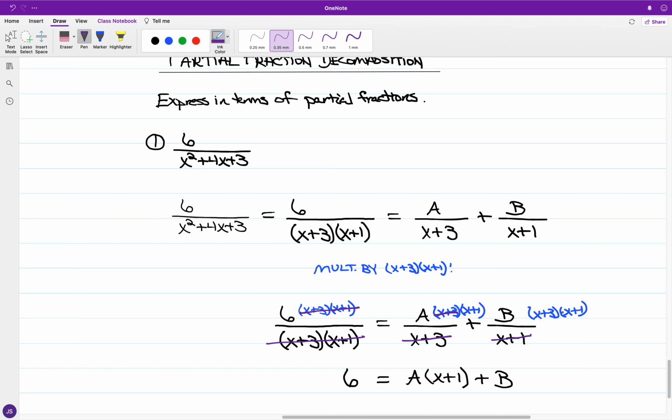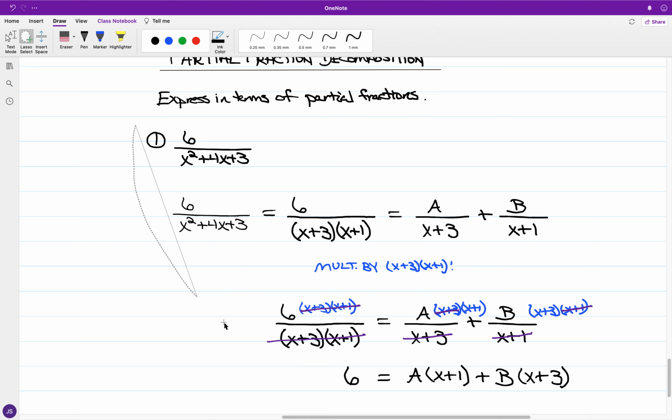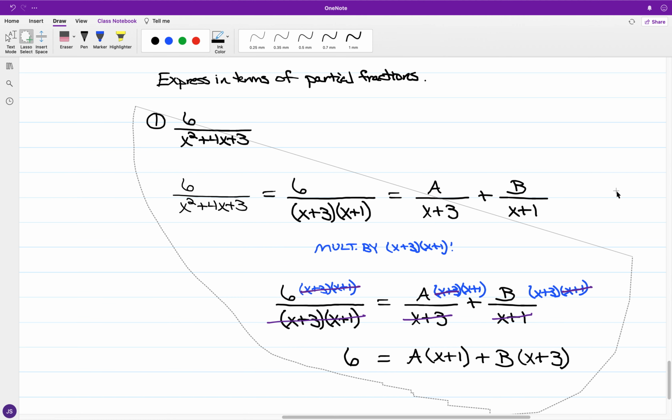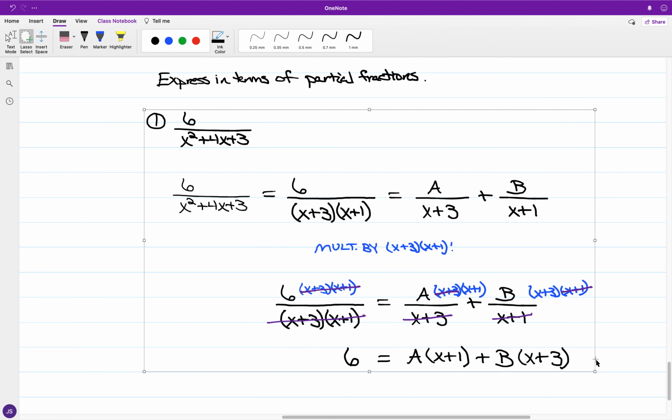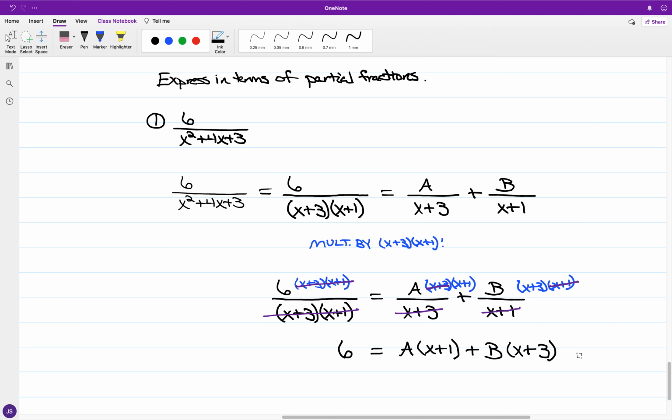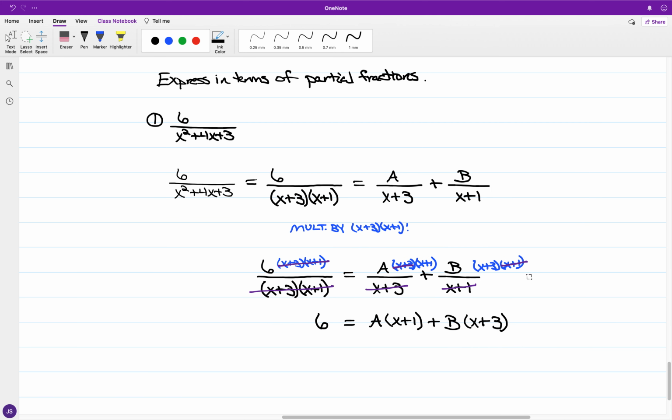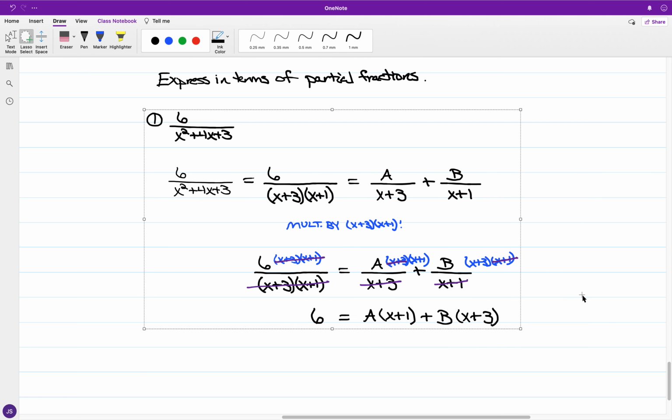It's now x plus 1 that cancels, and the binomial x plus 3 will be distributed over. So just looking at the setup, we got this equation and we're looking at solving for a and b, where you have a over x plus 3 plus b over x plus 1.